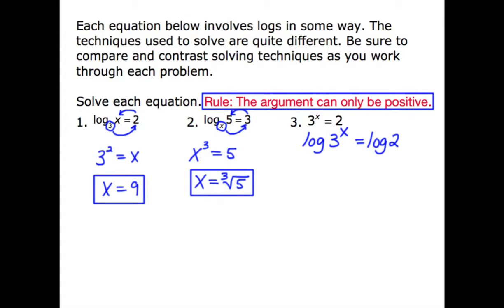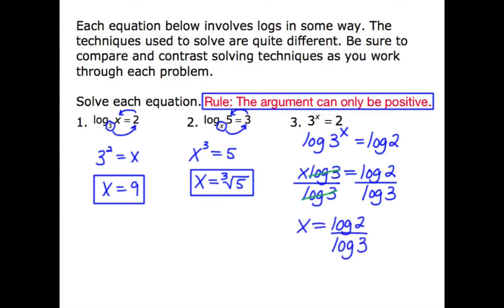So my next equation will be x log 3 is equal to log 2. To get x completely isolated, I'm going to divide both sides by log 3. They're going to cancel on the left side, and I'm going to be left with a final answer of x equals log 2 over log 3.